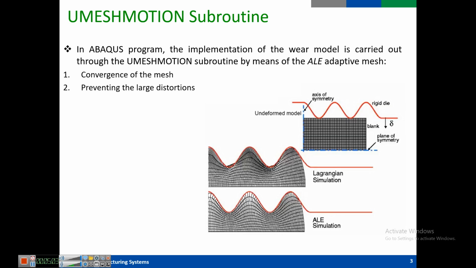So during that simulation we usually use ALE adaptive mesh. In ALE adaptive mesh, during large deformation, some elements are removed and replaced with new elements, or the element shape is modified. So during wear simulation we also use ALE adaptive mesh combined with the UMESHMOTION subroutine.